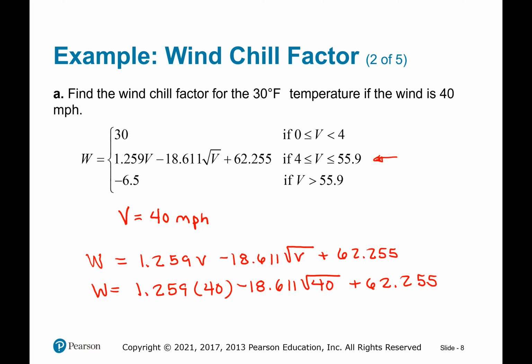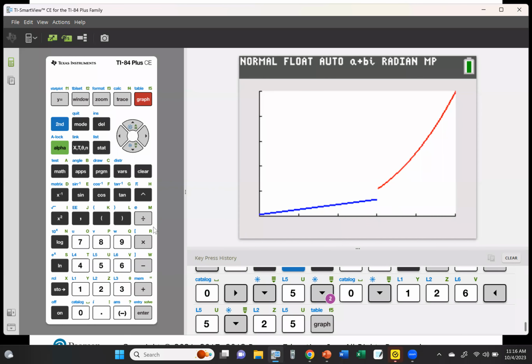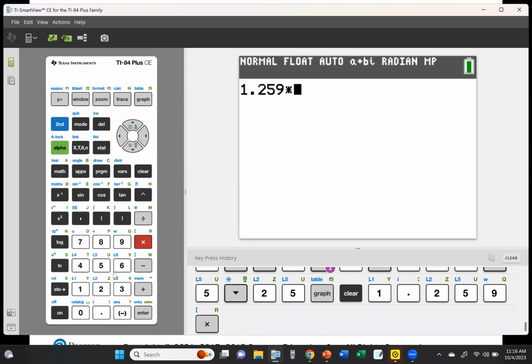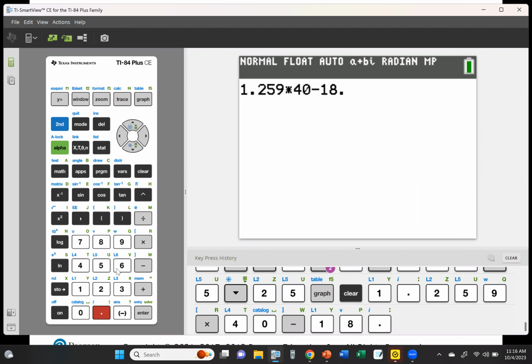Okay, so I am going to go open up my calculator, and I'm going to do this calculation. So I have 1.259 times 40 minus 18.611 times the square root.